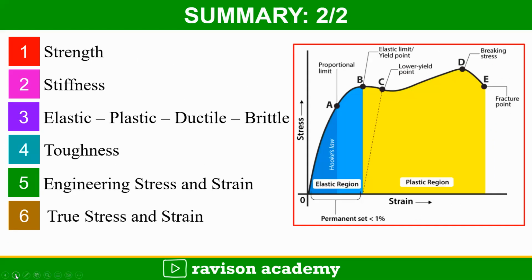From the stress strain curve, we can find the strength and stiffness of the material, and material characteristics like elasticity, plasticity, ductility, brittleness and toughness. And we have seen engineering stress and strain and true stress and strain. Thank you.